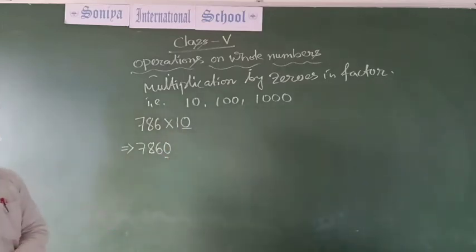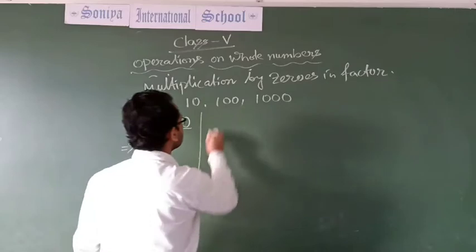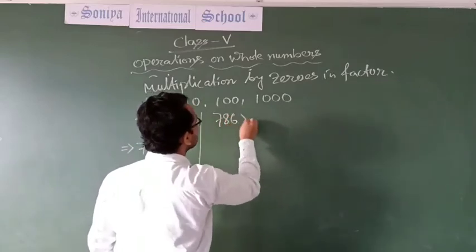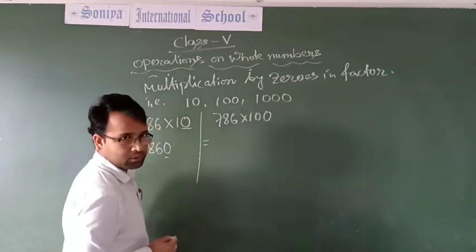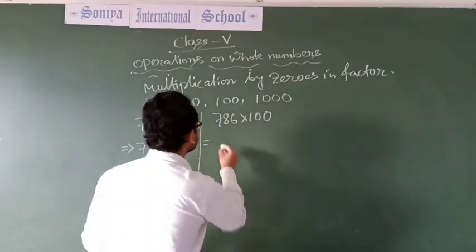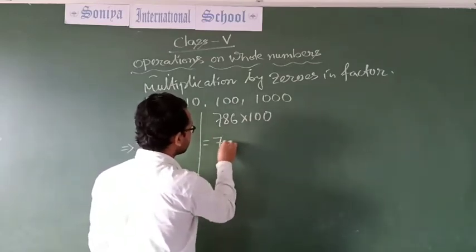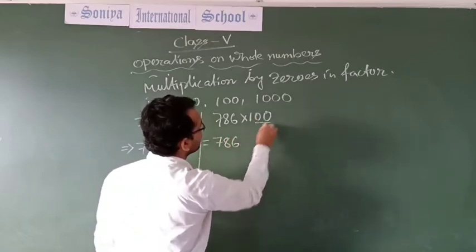Now 786 multiplied by 100. Similarly, write 786 and 00.